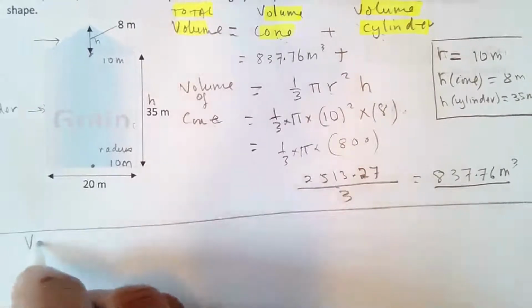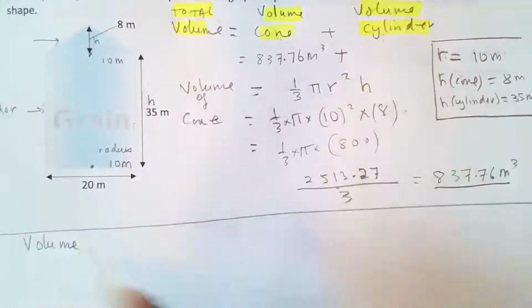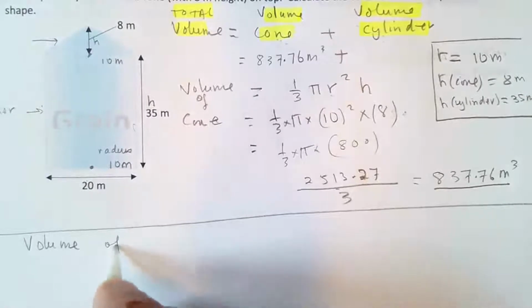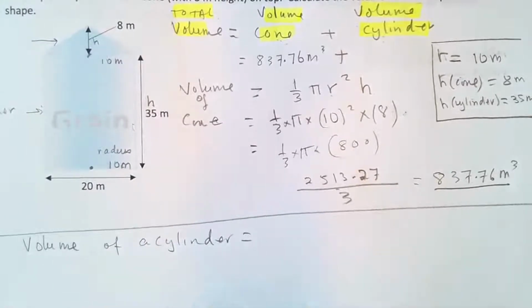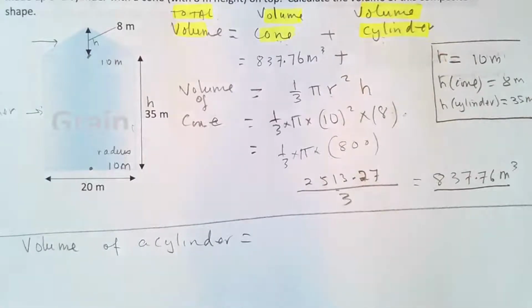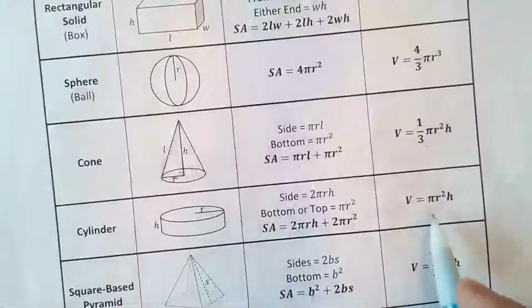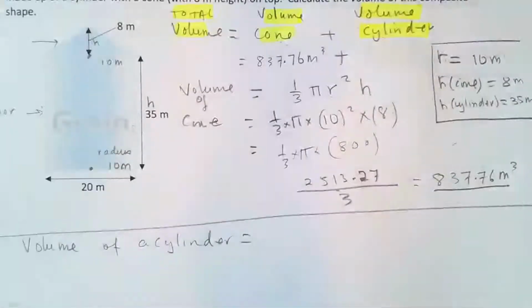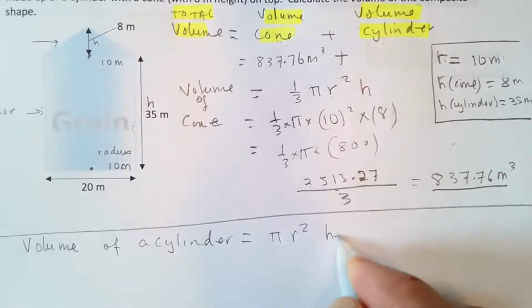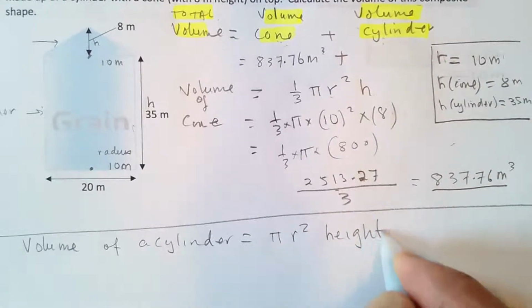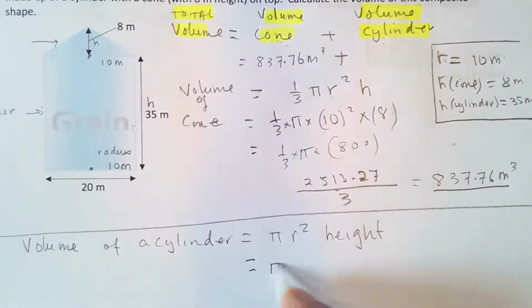So volume of a cylinder, and we go to our formula sheet here, and we say the volume is pi r squared times height. So pi times r squared times the height, which is pi.